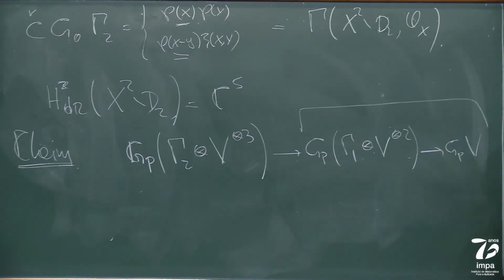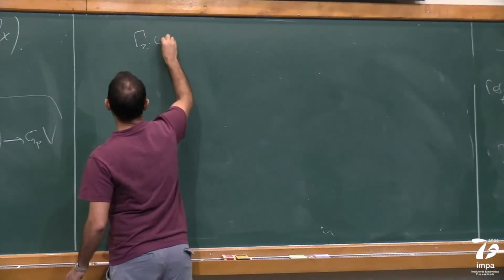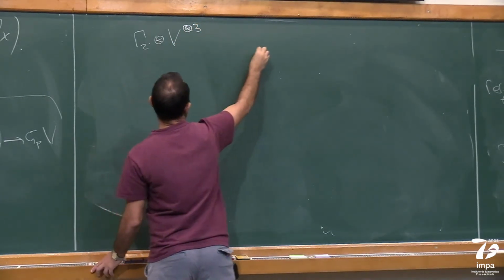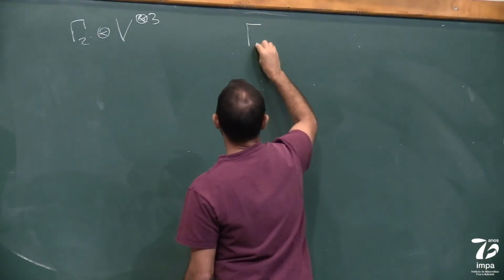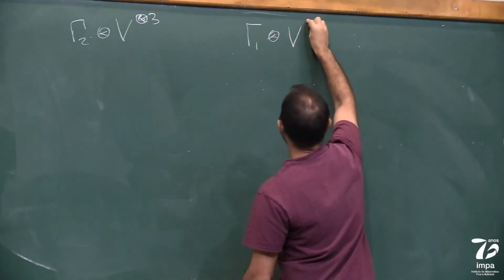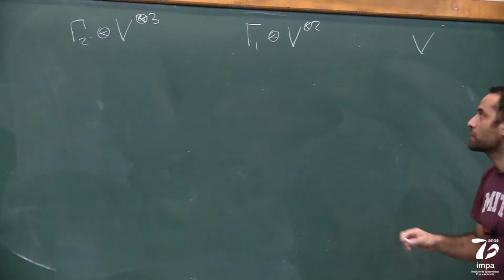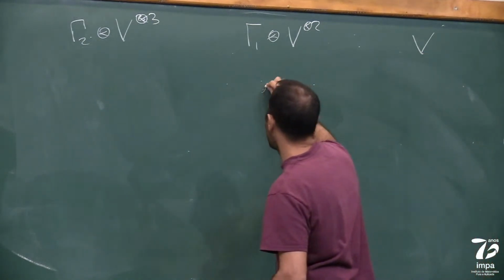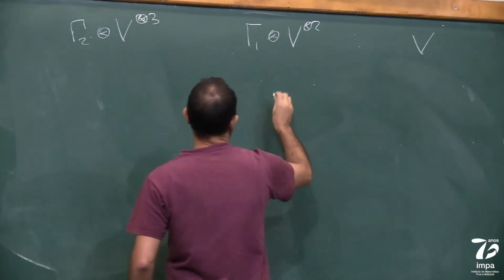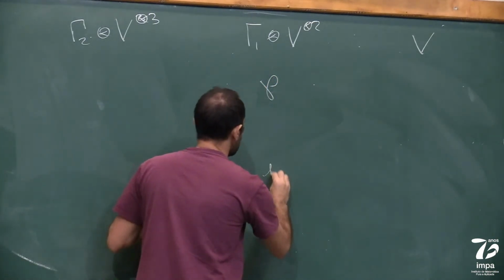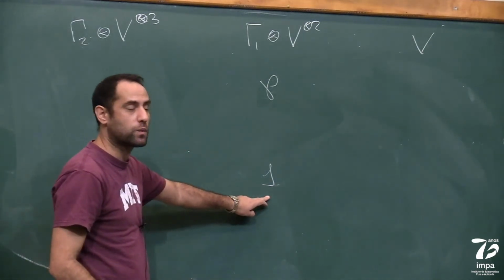But OK, let's prove why do I expect this guy to be filtered? Well, this is what we have here. Just have 3 copies of V. And then we're going to have this piece where we have 2 copies of V. And then we're going to have V. So now functions. In here, I needed 2 functions. I had this guy that was in G0, and the constant function that was in G minus 1.